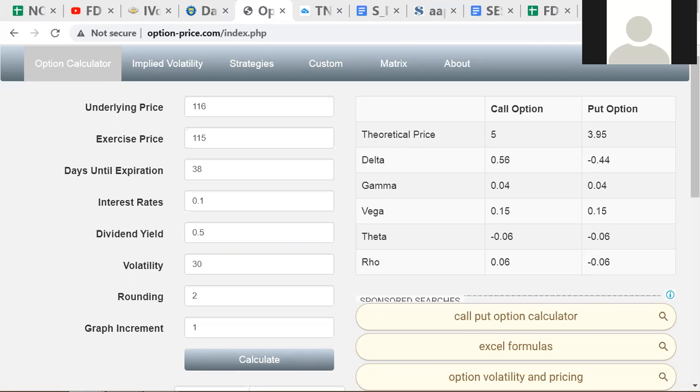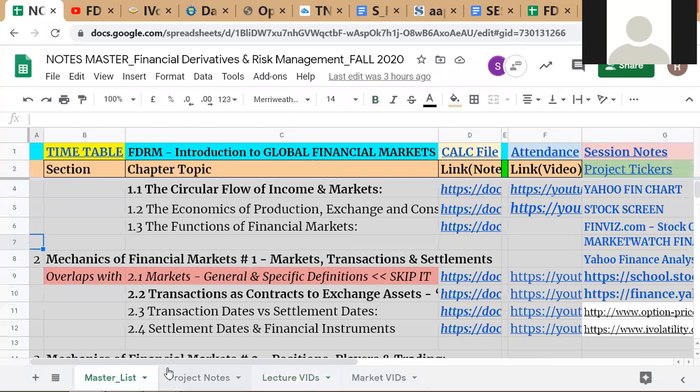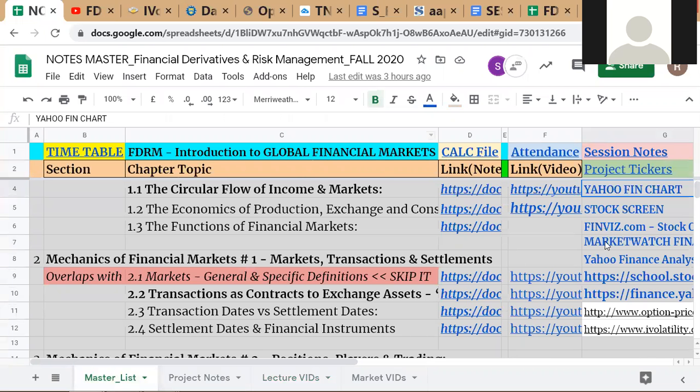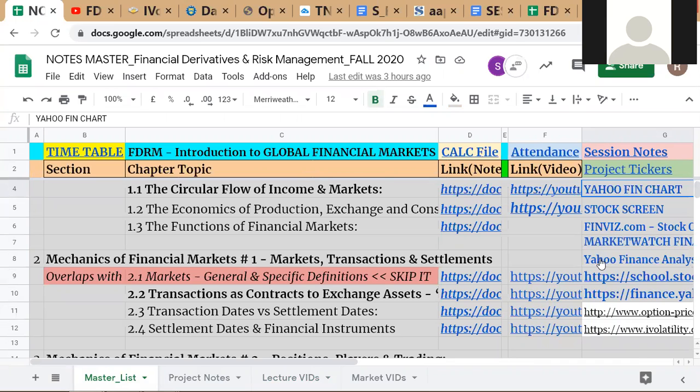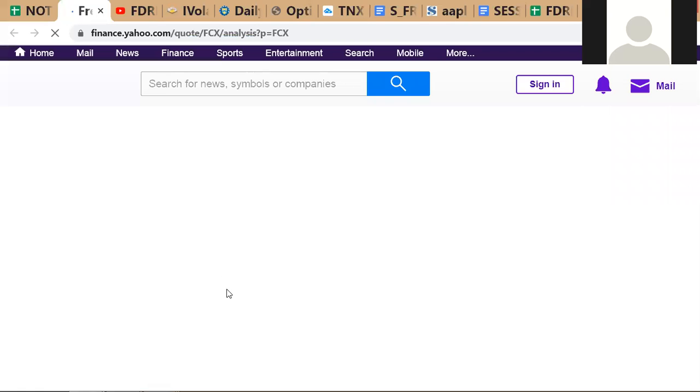Okay, let's say we go here. Let's go to Yahoo Finance. Go to your master list. This is a chart actually. What we need is actually the tickers. This is just the analysis. We'll find it in the summary page.